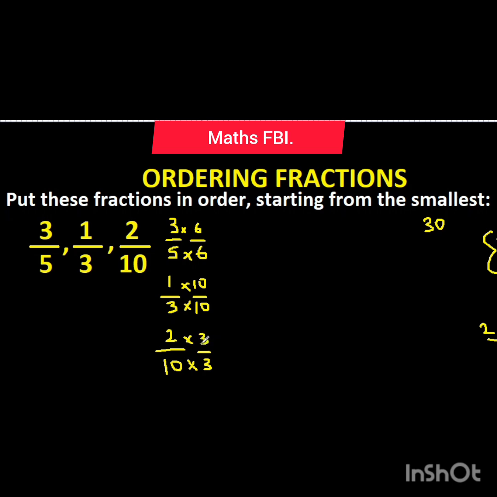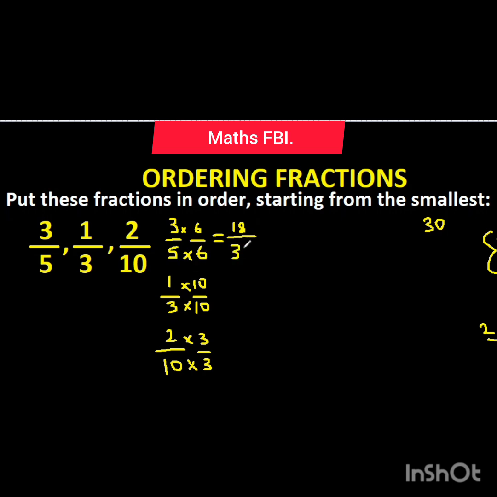So let's get the answers. 3 times 6, we do the multiplication. 3 times 6, you got 18. 3 times 6 is 18 over 5 times 6, 30.